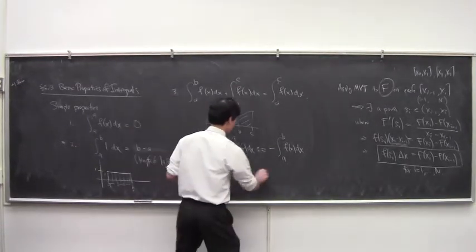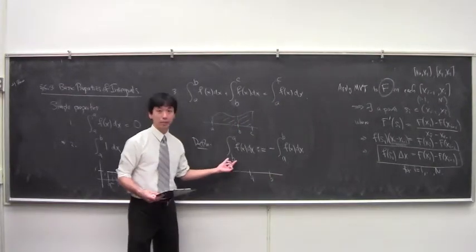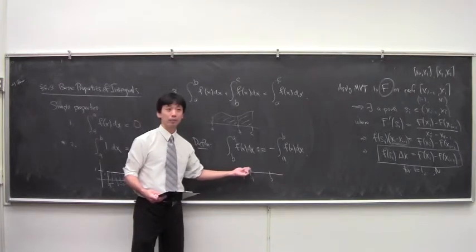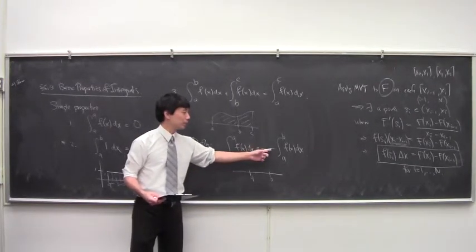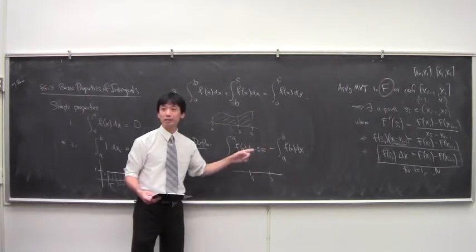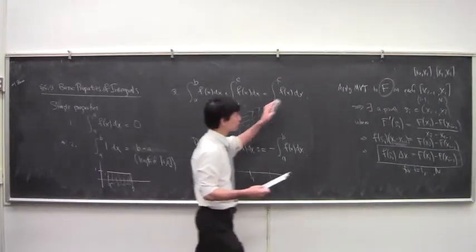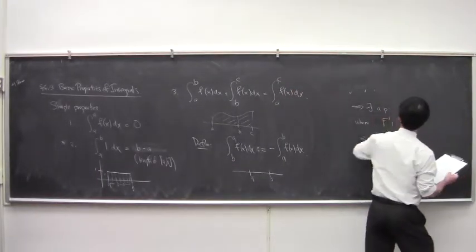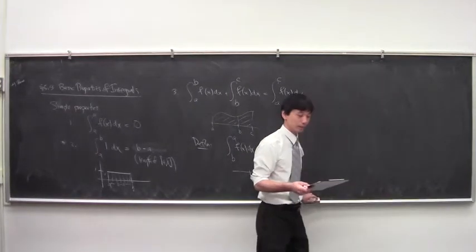If a is here and b is here, it's still okay to talk about the integral from b to a. It'll be in the reverse direction, but in that case, we're going to put a negative sign on it. You can just take that as a convention, the convention that works out basically.